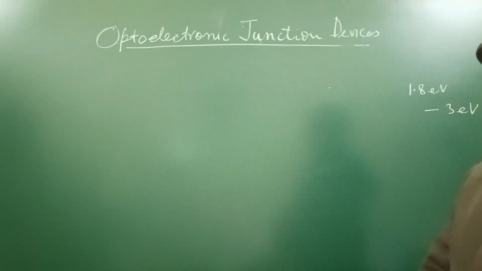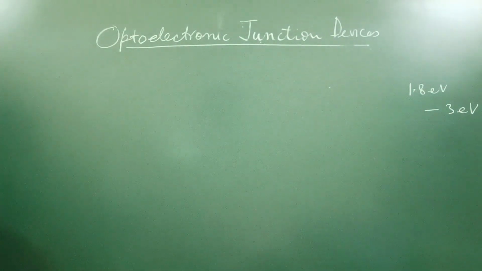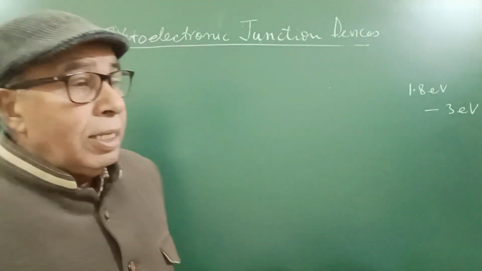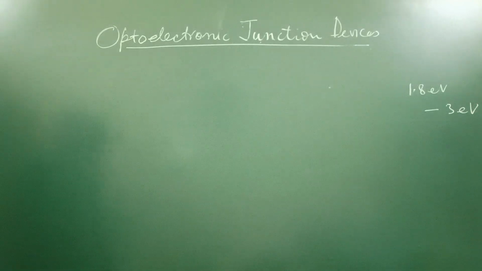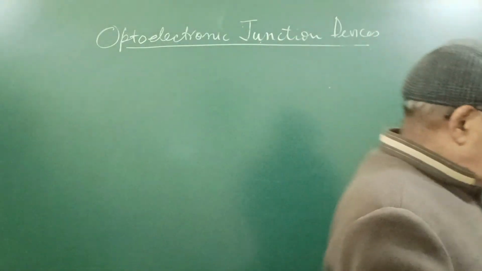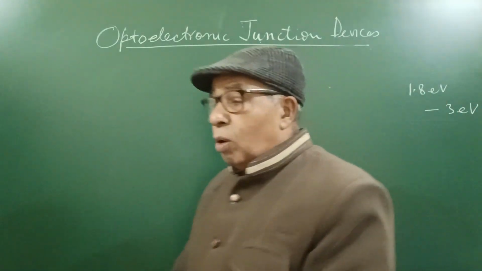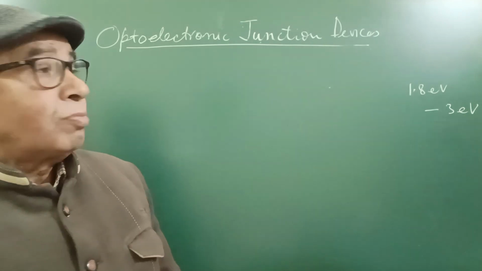So if light photons are absorbed by a semiconductor, then the photon's energy will be gained by an electron. In semiconductors, the majority of electrons are present in the valence band, meaning their energy is lower than the energy they need for conduction.